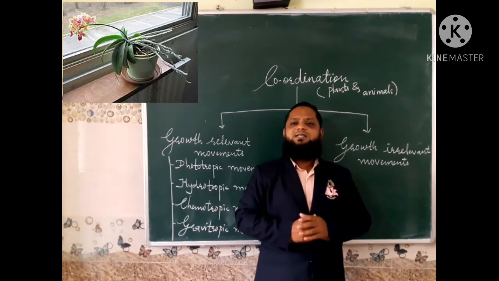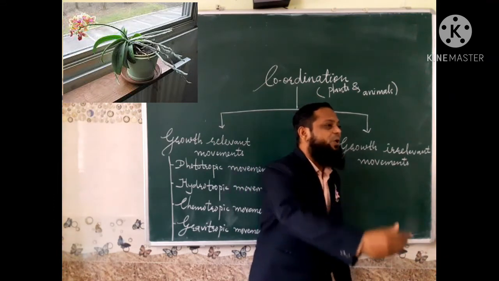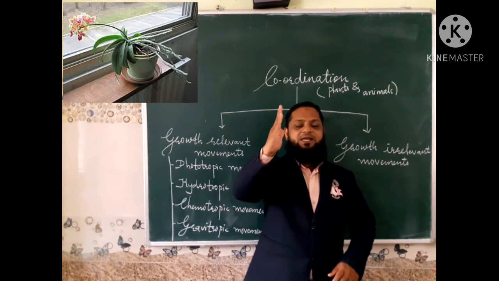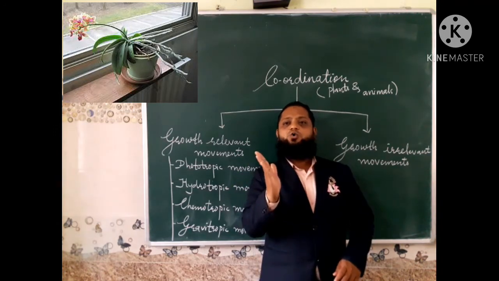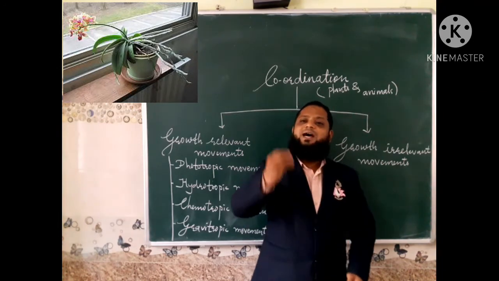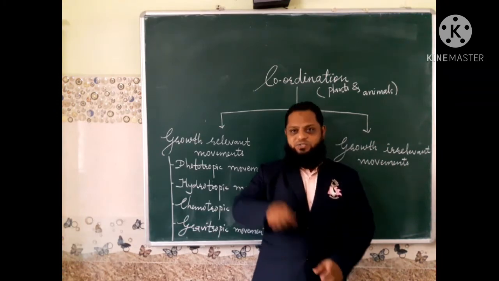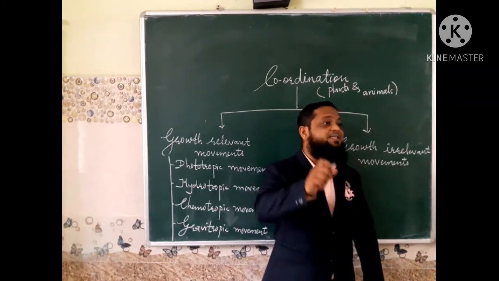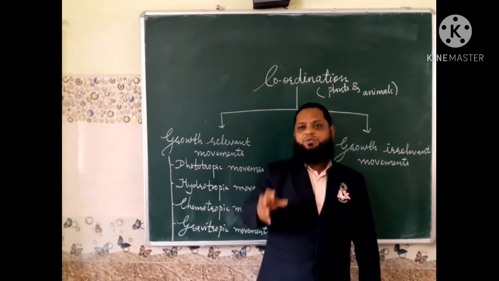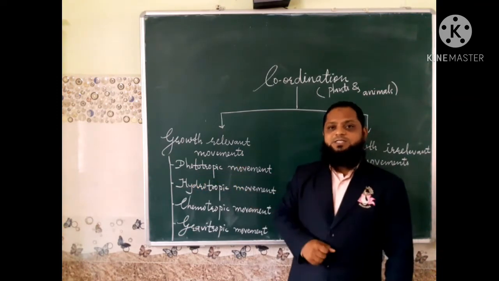You may observe that sunlight will enter through the hole, and instead of growing straight, the plant will turn toward where the sunlight is coming from. It shows that the plant is responding to the sunlight. So sunlight acts as the stimulus. I hope the phototropic movement is clear to you.